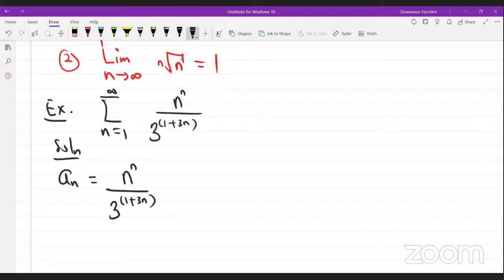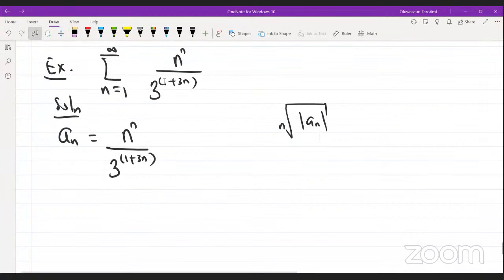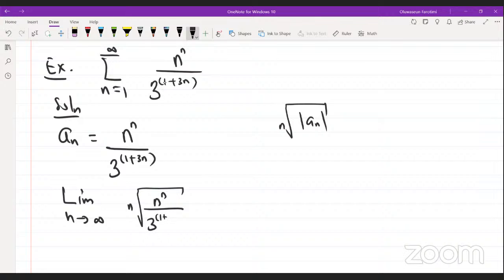Okay, so what do we know? Let's go back to our a_n. For the root test, what are we doing? Essentially, we are checking the nth root of this. Keep in mind that you don't need the absolute value sign when you're sure that this is positive. Of course, I know this is positive, so I will not care about the absolute value in this case. So, limit as n goes large, nth root of n to the power of n divided by 3 to the power of 1 plus 3n.